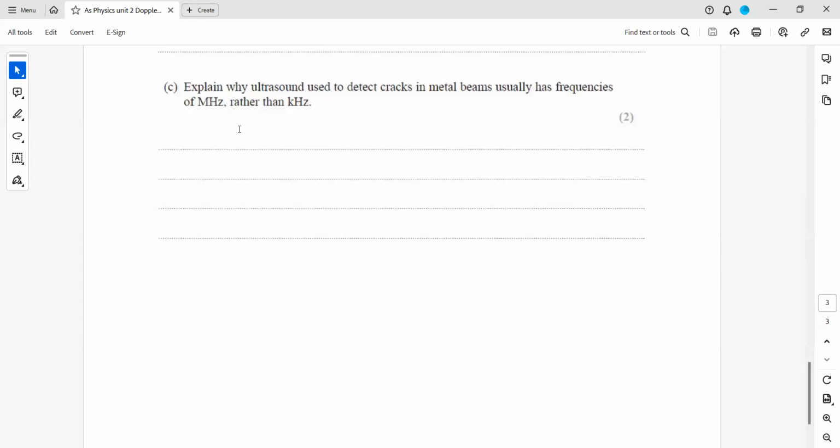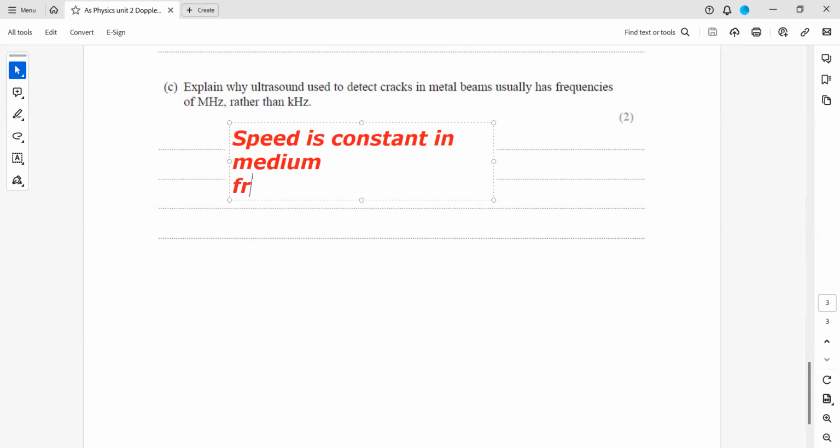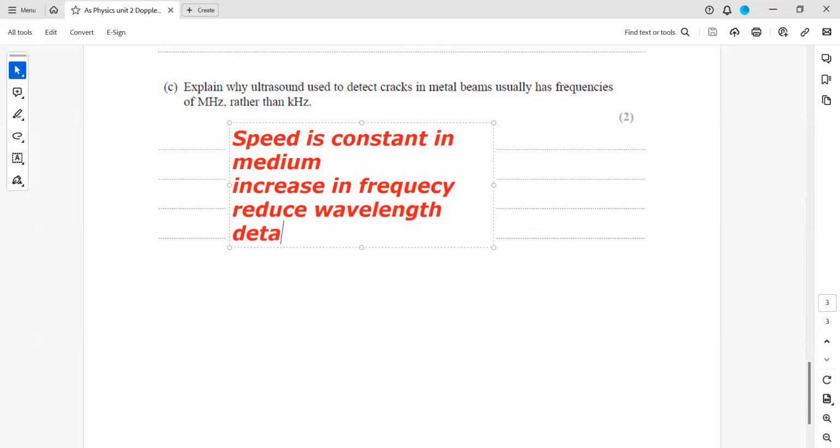So the points here: you will mention the speed is constant in a medium. When the speed is constant, an increase in frequency reduces the wavelength. As a result, we will have a detailed image.